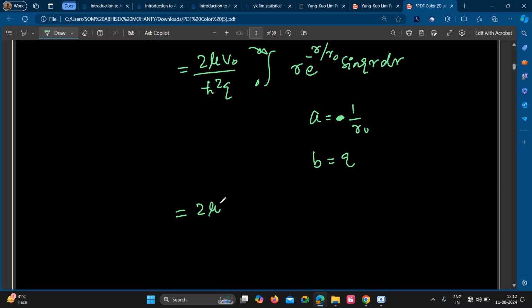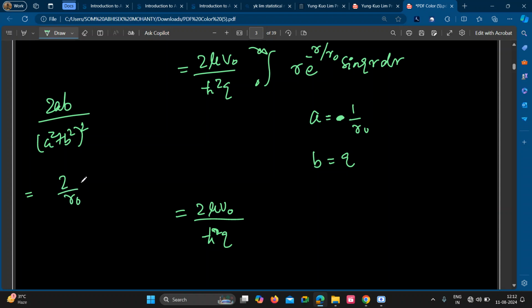So 2 mu V naught by h squared q times 2ab by (a squared plus b squared) whole squared, so 2 by r naught into q divided by (1 by r naught squared plus q squared) whole squared. This is the expression.